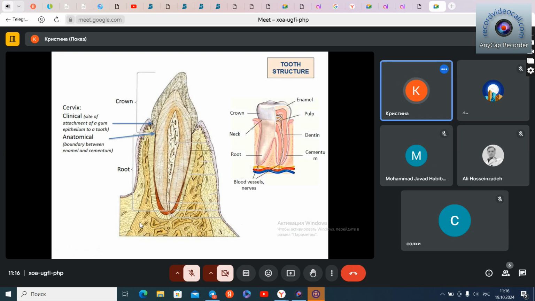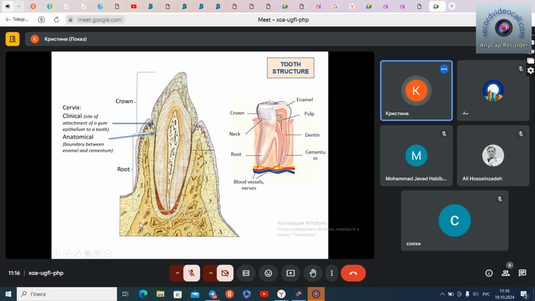This is actually the same as you studied before in the spring semester, so we will take just a brief recall of this information. So, the tooth includes the crown and the root and the neck between them.